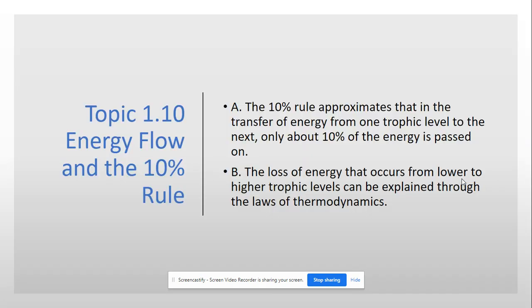That energy flow and decrease typically follows a rule, and that rule is called the 10% rule. This is simply an approximation of how energy transfers from one trophic level to the next. That loss of energy is explained through two laws of thermodynamics that we need to know.